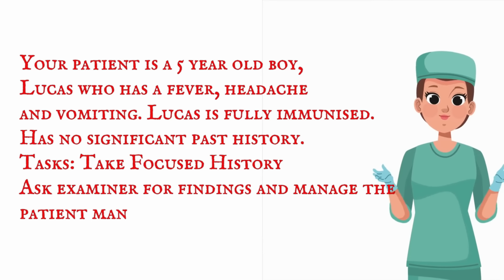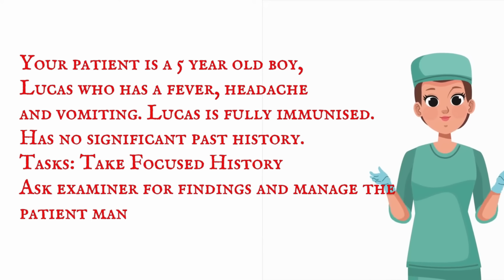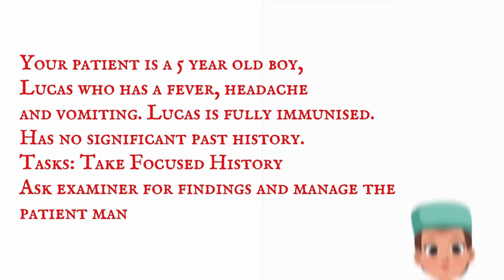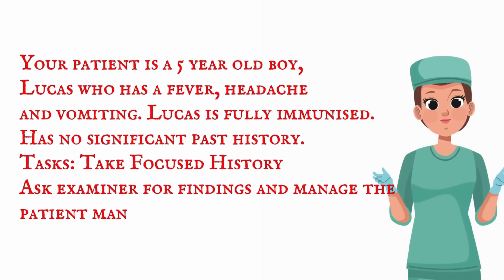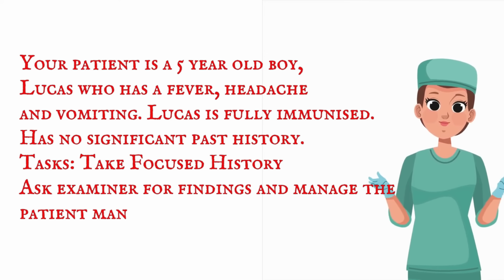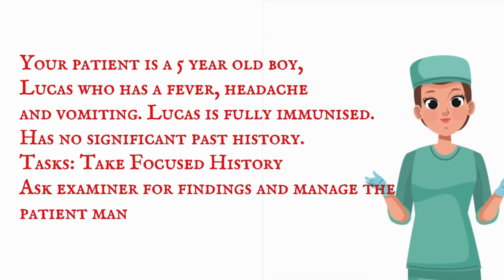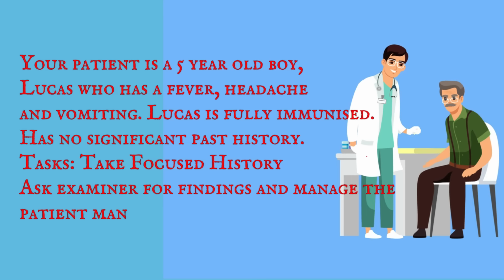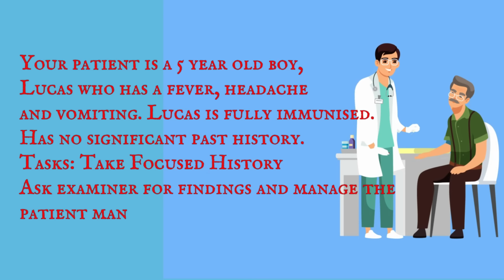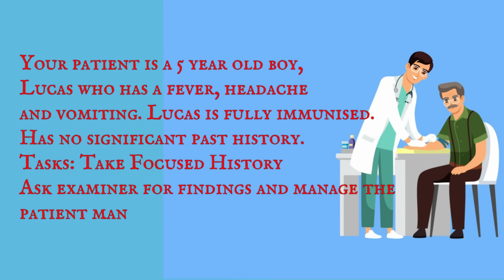For example, fever, headache and vomiting in a child who is unwell of this age group, it could be meningitis, especially if there is a rash, unless proved otherwise. If there is diarrhea, for example, fever, diarrhea, headache and vomiting, it could be gastroenteritis. But still, you have to look at the whole picture and look at each individual symptom separately.